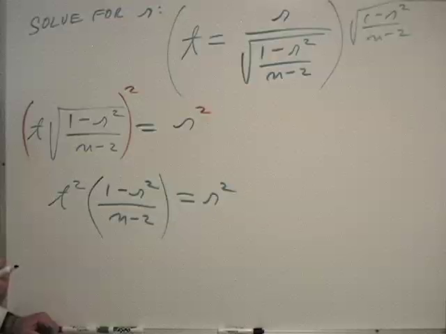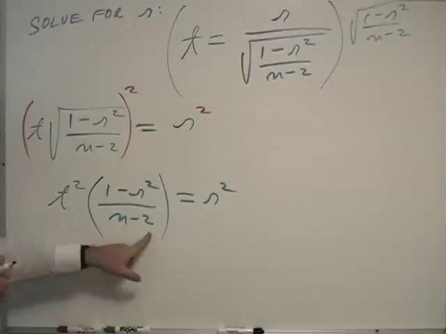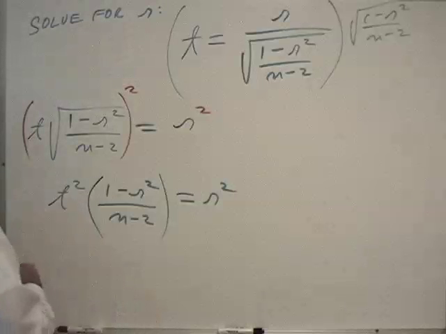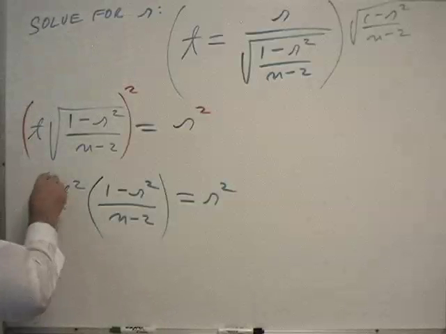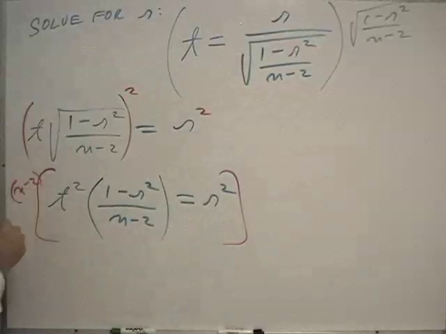Alright, now I'm going to get rid of this fraction, or this denominator, by multiplying everything by n minus 2.